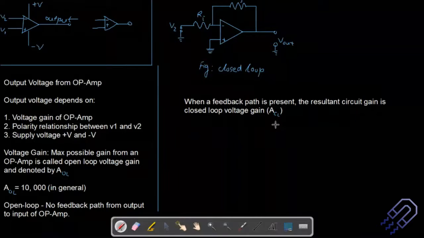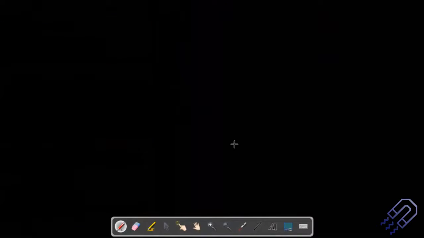This is what the op-amp connections are all about. This is a closed loop, this is an open loop, and we need to remember these factors. Now we are going to look into what we call a practical op-amp.